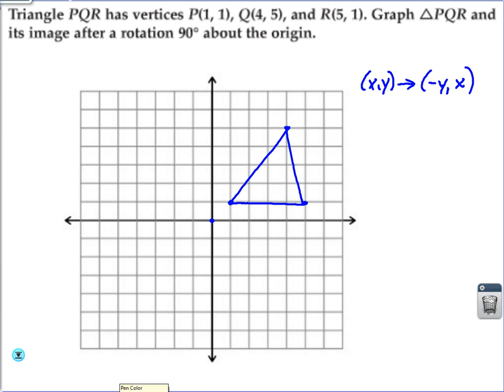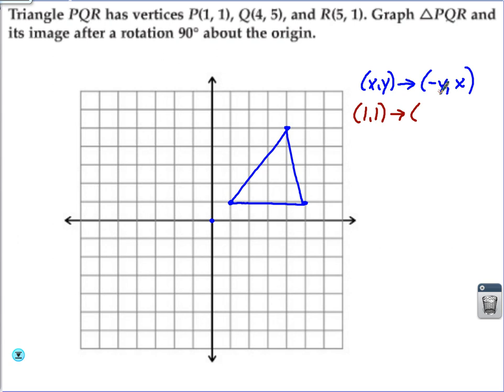So the point (1, 1) turns into what, Kyle? Now this is a tough one, right? Notice what our rule says. (x, y) turns into (-y, x). So pretty much whatever y is, you're going to put where the x is. Whatever x is, you're going to put where the y is, right? And then you're going to make whatever the y number is negative. So you're going to flip-flop the two and make the y negative.